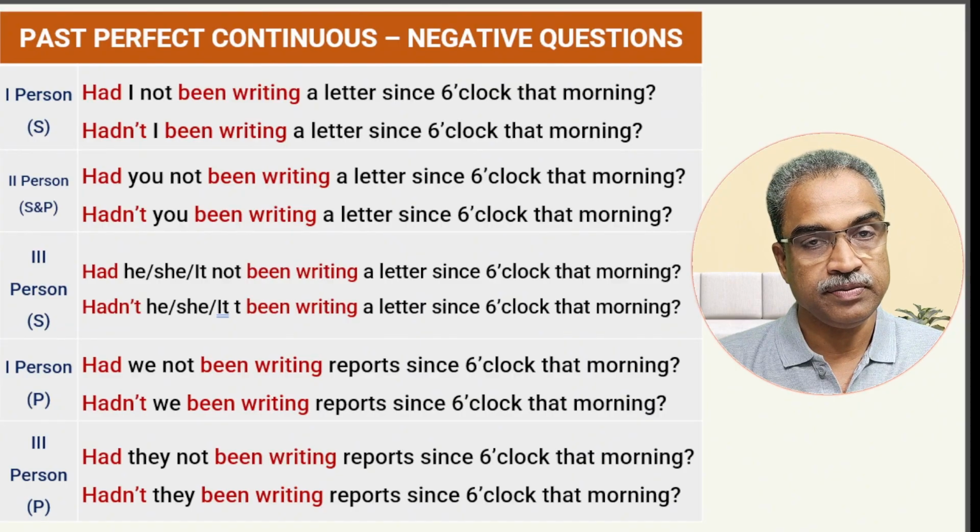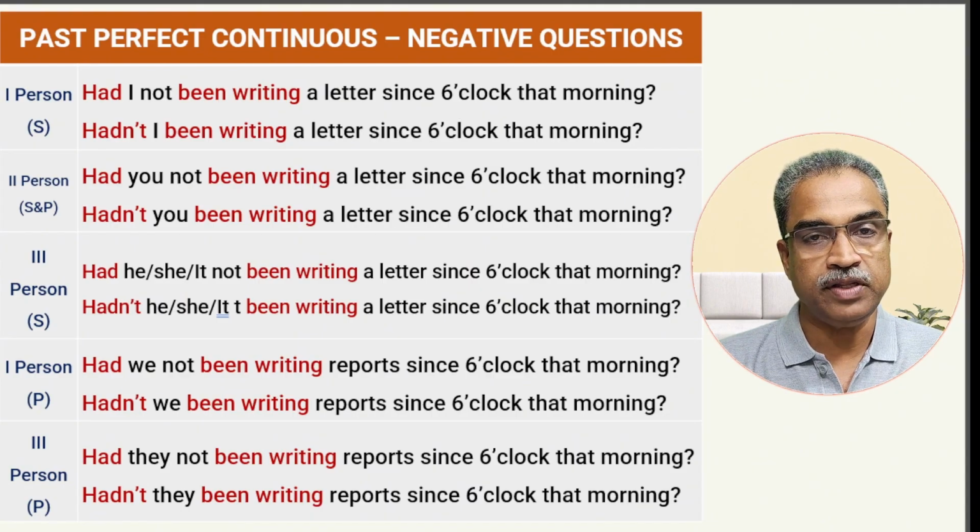Similarly, second person you. Whenever you use the subject you, it will be, you had not been writing. That was a statement. Now it becomes, had you not been writing? Hadn't you been writing? The format is the same as we learned in our previous videos about other tenses. Next, he, she, it.